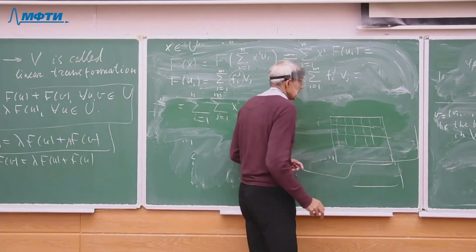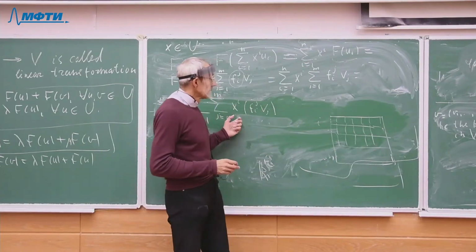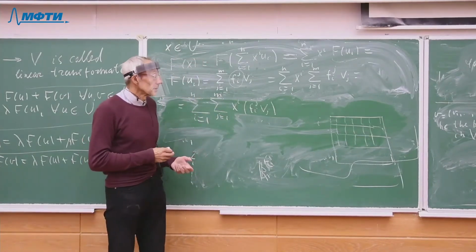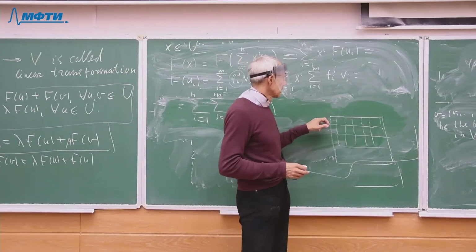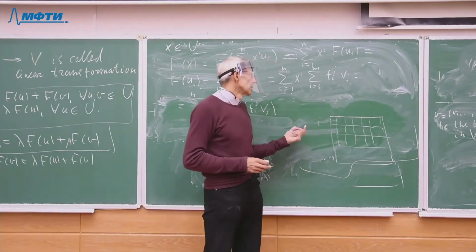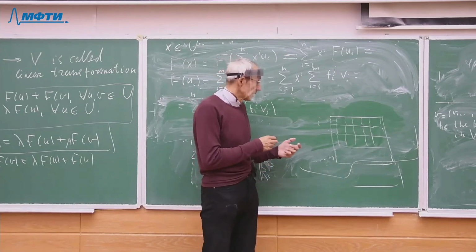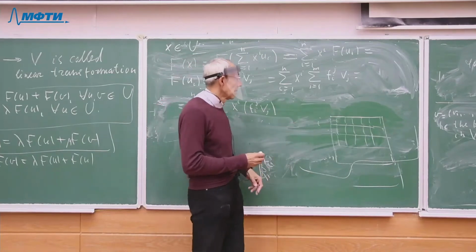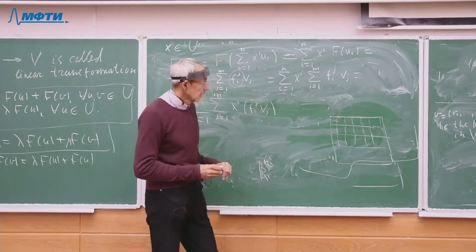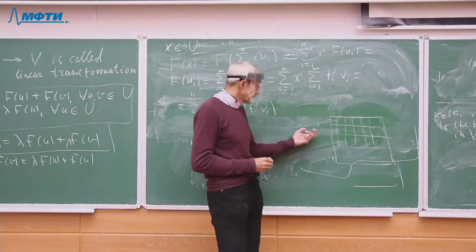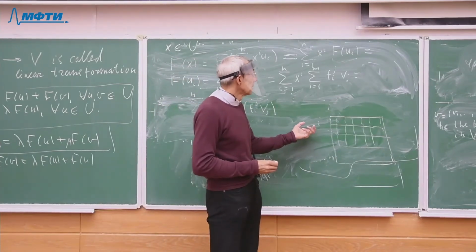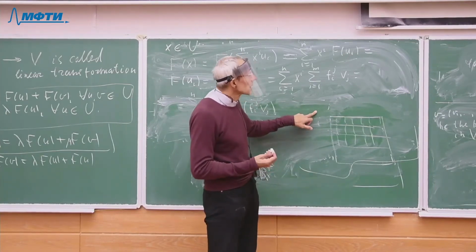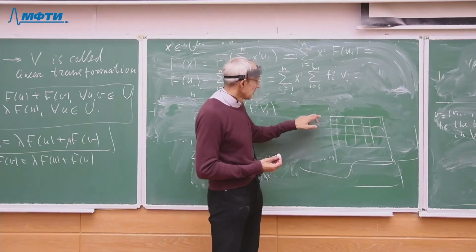I can imagine the elements of the double sum laid out like this, and the rows I summarize using the indexes i. After that, I apply the summing to the rows.